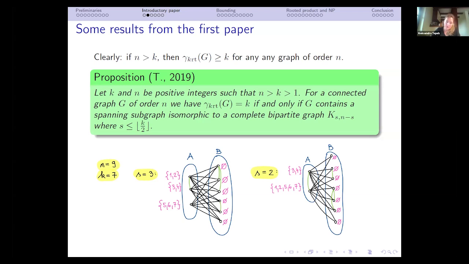So the cardinality of this first partite set is at most half of k, yeah? And you can see how you can label these vertices. You just have to make sure that you put 2 labels into each one and that all colors are used. That's basically one thing behind one implication, and the other is also fairly easy to see.